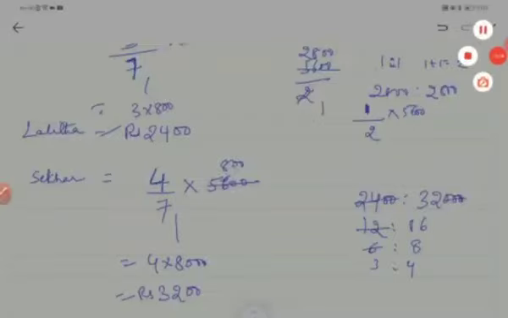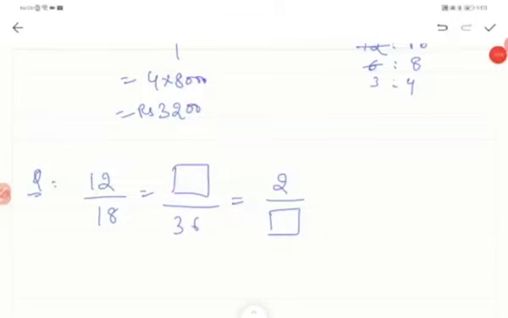All right. The other type of question you will get is like this: the ratio, or you can say 12 by 18, is equal to blank. So these are all equivalents. We are basically finding equivalents of 12 by 18. So if I have 36 here, 18 how many times is 36? 18 twos are 36, isn't it?